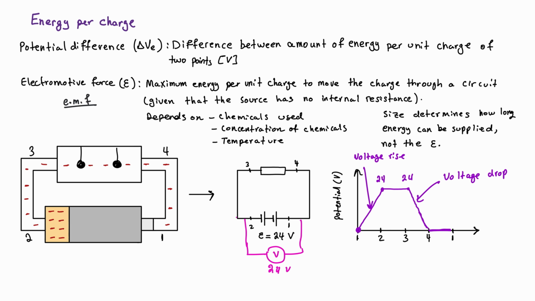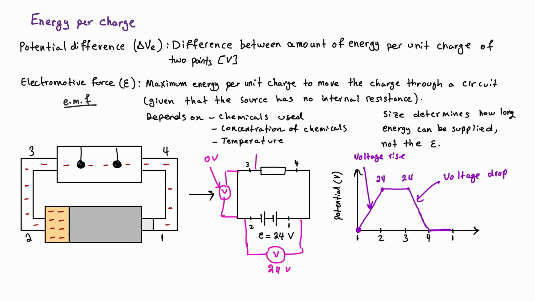If I connect my voltmeter at this point over here, then the reading is going to be the difference between the potential at 2, which is 24, and at 3, which is also 24. And since it's constant, the potential isn't changing, the difference is going to be 0 volts at this point.